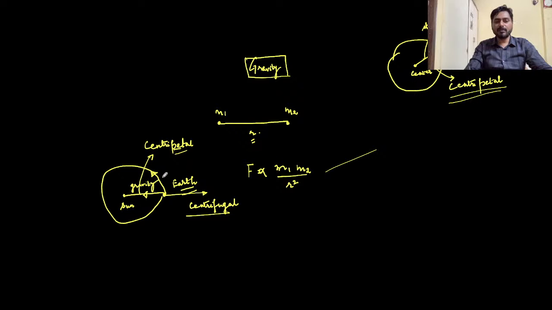So the sun is pulling the earth towards itself, but because of the revolution of the earth, a counter centrifugal force is produced, and because of that, the earth is not falling on the center of the sun. So it is in dynamic equilibrium because of the countering of centrifugal force with centripetal force.